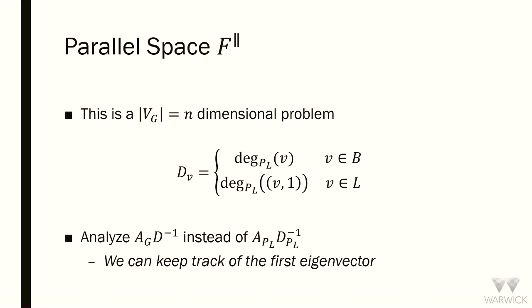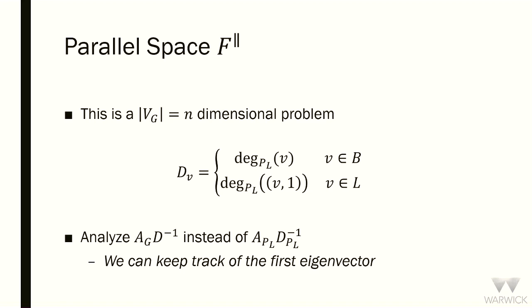So using some linear algebra that I skip, we translate the problem from the large dimensional problem to a small dimensional problem. And this could be a little misleading because this looks like a random walk matrix, but this is not.